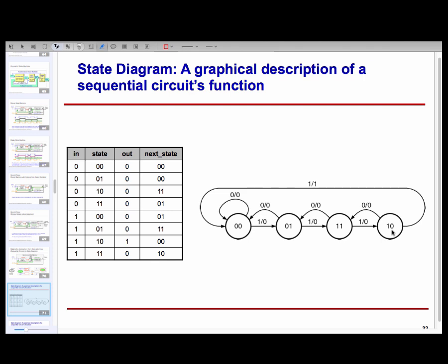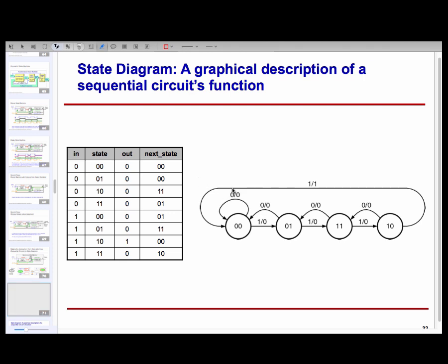Now let's imagine I'm in state 0 0, and a clock tick comes. What will happen? If I'm in state 0 0, then there are 2 rows which are relevant, the first row and the 5th row. If the input was 0, this says stay put. The next state is still 0 0. If on the other hand input was 1, it says move to 0 1. That's what's happening here.